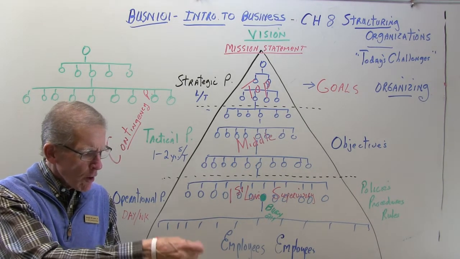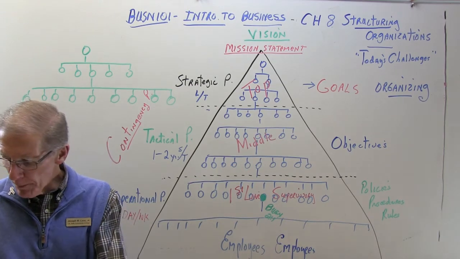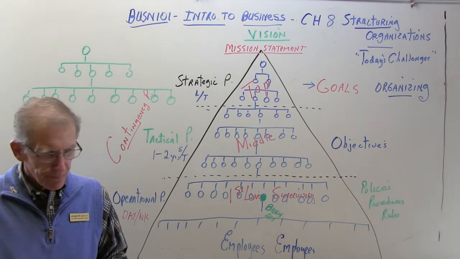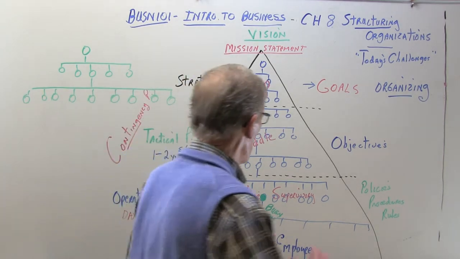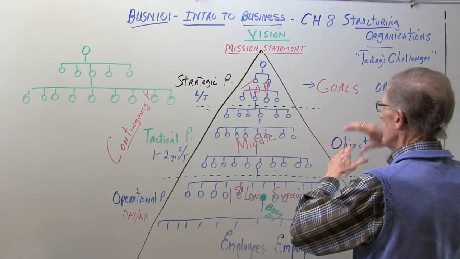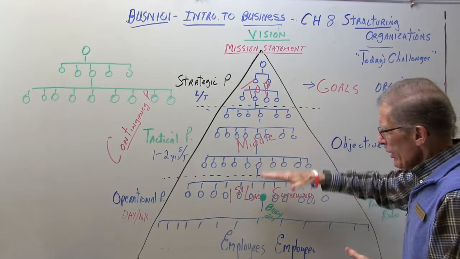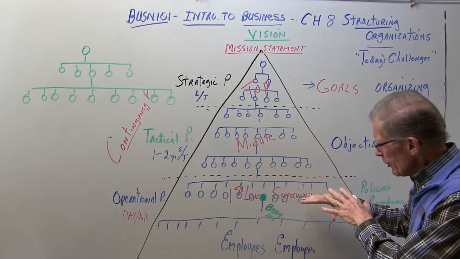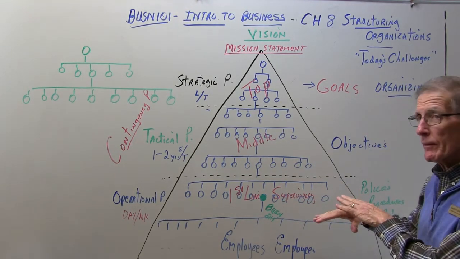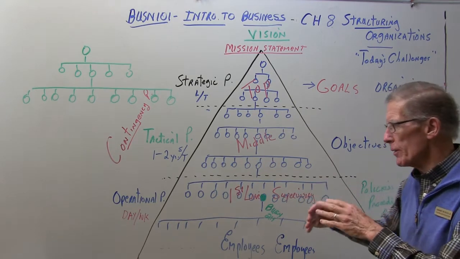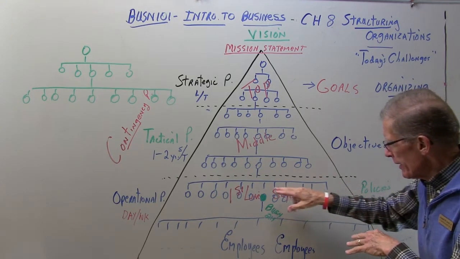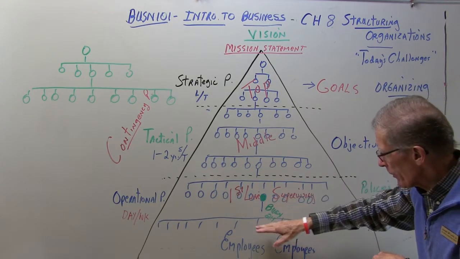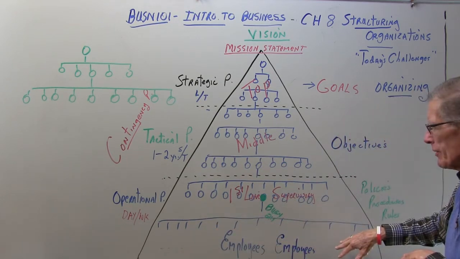All right, and then one big distinction that we made again that I want to recall, and then we'll get really into this organizational chart here. Remember, we talked about the way I have drawn this chart. These supervisors right here are supervising employees.